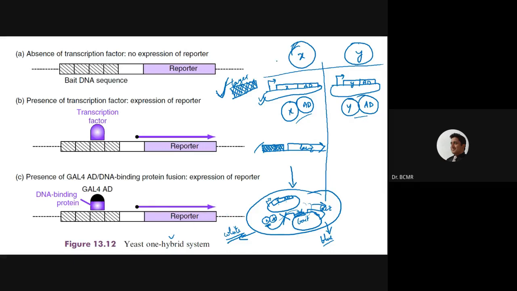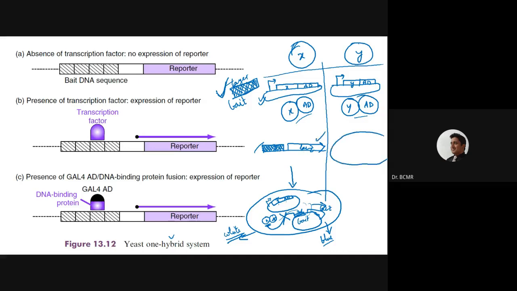Okay. So that means, according to the objective of this experiment, I want to know if X or Y interacts with this particular target sequence, that is the bait that is used as a bait in this. Okay. Now let's just take up Y. So I would have used the same bait. I would have used the same sequence.